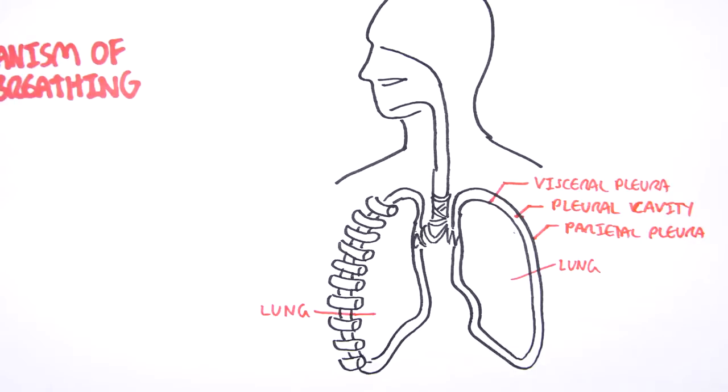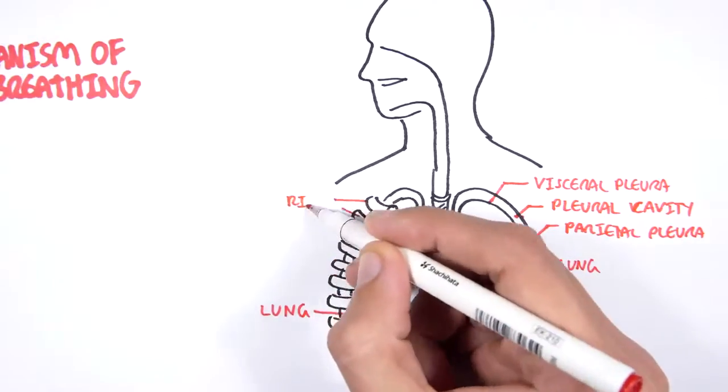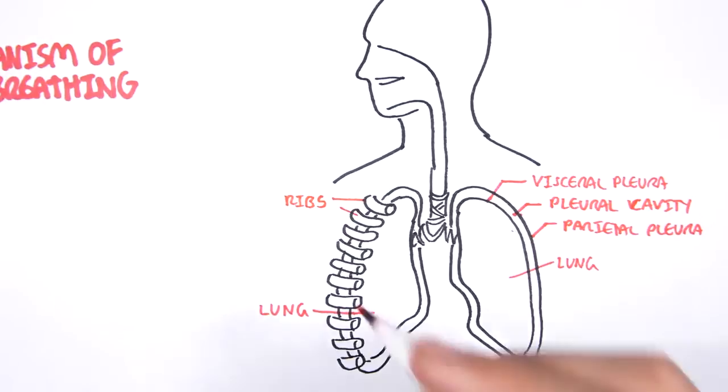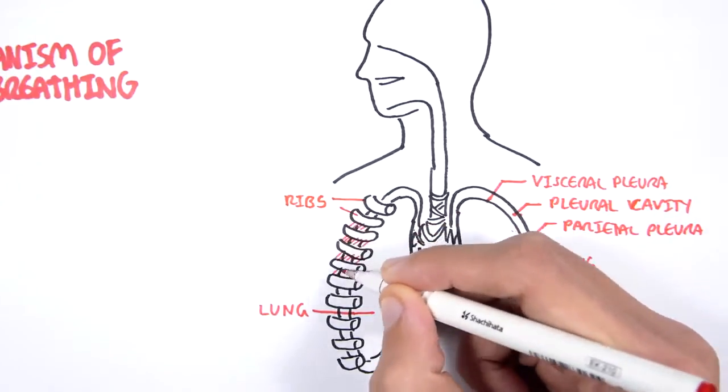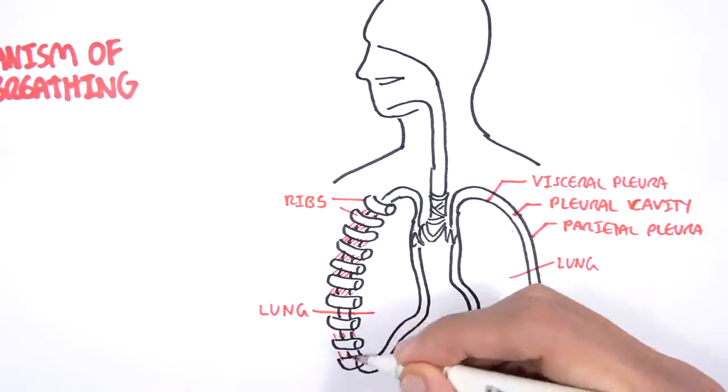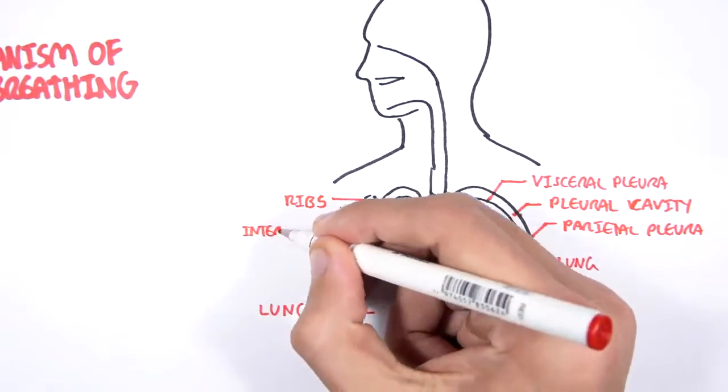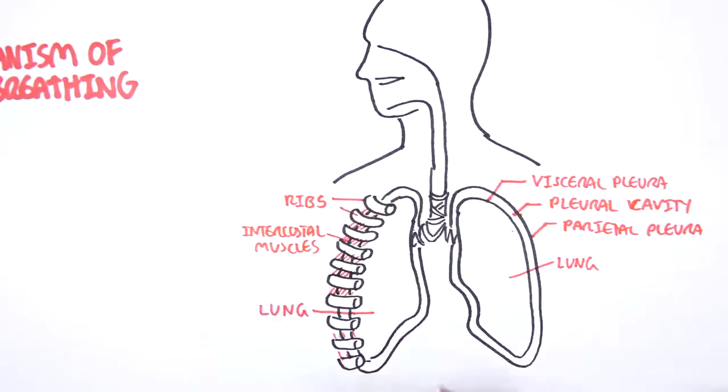Now, these things I'm drawing around the right lung here partially are the ribs. Connecting the ribs, we have muscles known as intercostal muscles. And we have three intercostal muscles.